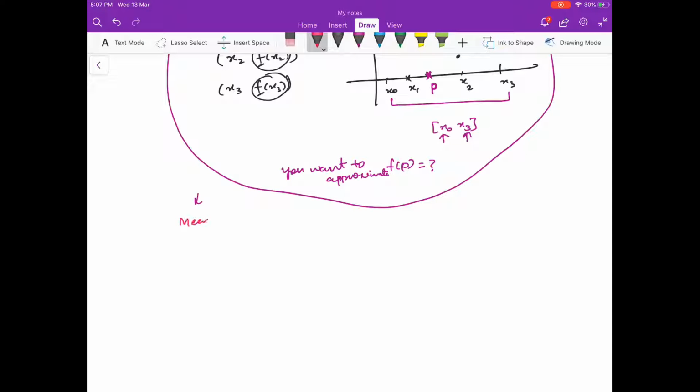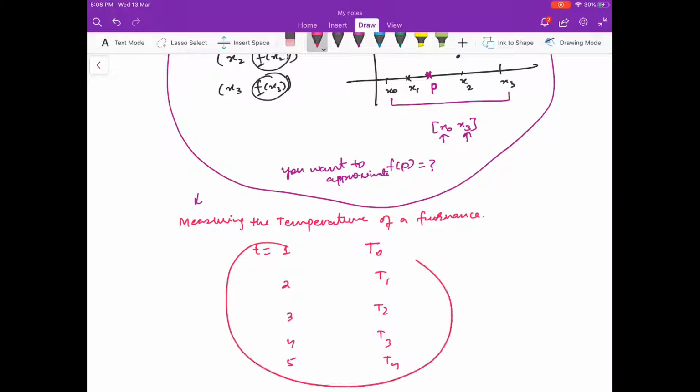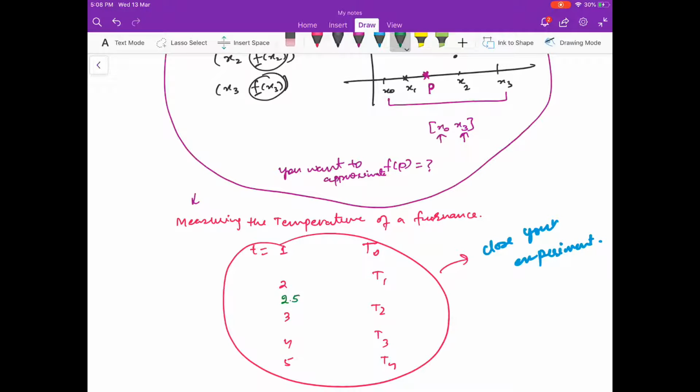Suppose you are measuring the temperature of a furnace, and you are taking t equal to 1 second, maybe temperature you have noted t0, then at 2 seconds, 3, 4, 5, t1, t2, t3, t4, and after that you close your experiment, and maybe after 5 days you are doing some analysis and you came to know that you need the value of the temperature at 2.5 also, but you don't have that value.